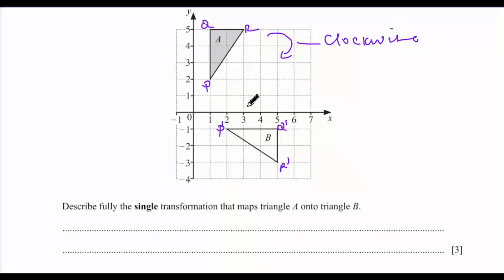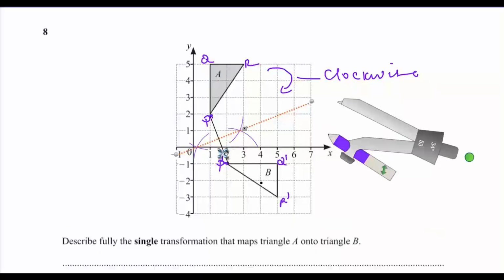So to be sure of the degree of rotation, we need to bisect corresponding points. Also, we need to get the center of rotation. Okay, so let's do that now. So I'll join corresponding points together. So let's start with point P and point P prime. I will join them together and bisect the line.